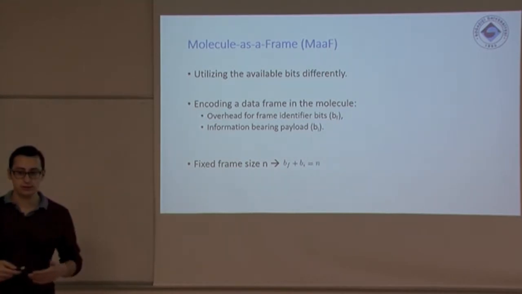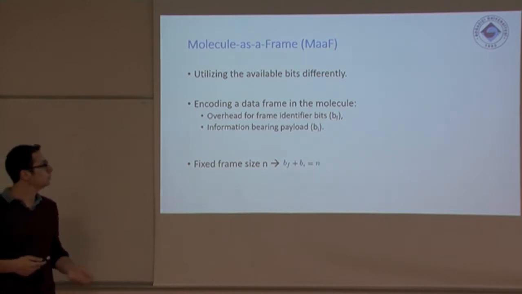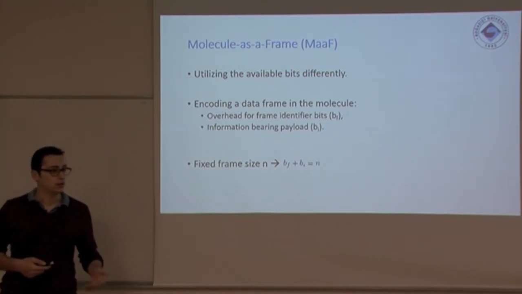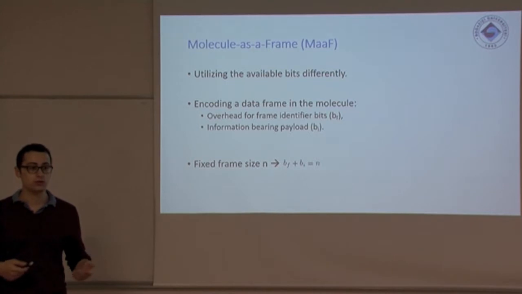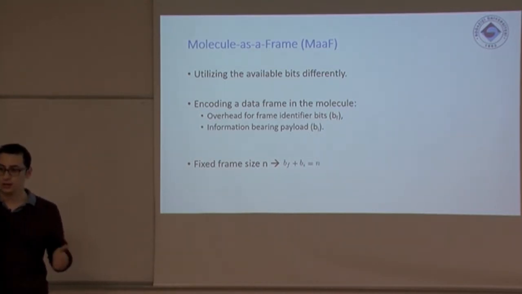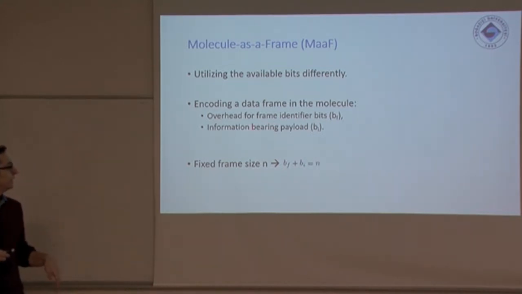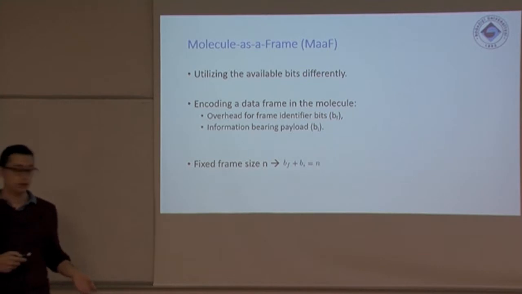So what we propose in our research is that we can use the available bits differently. Instead of only using these for information embedding, we can encode a complete data frame, having sequence numbers or frame identifiers, and an information-bearing payload.